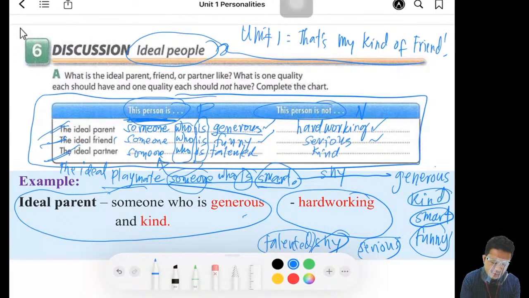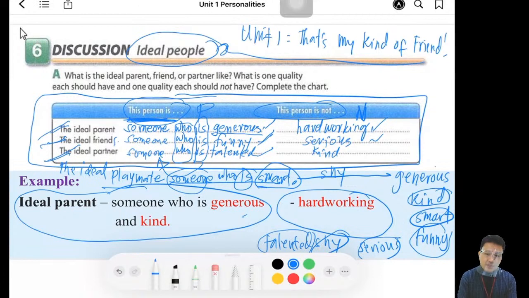And we use these vocabulary words that we used a while ago. These vocabulary words describe the people on the left side, your parent, your friend, your partner, or your playmate. And on this side, on the right column, we also have here the negative personalities of your parent, your friend, your partner, or this person is not serious, this person is not kind, and this person is not shy.